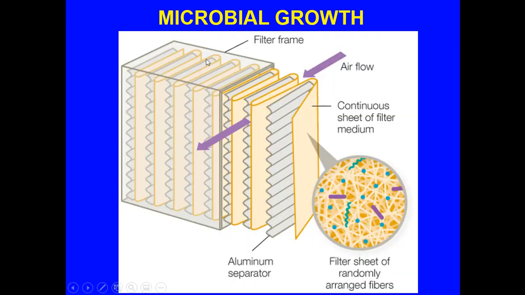HEPA filters, you can see how this has a wavy format with a filter frame. The airflow goes through it. This is a continuous sheet of filter medium. And because of the randomization of the fibers, you're going to capture various types of particles, dust, and bacteria.